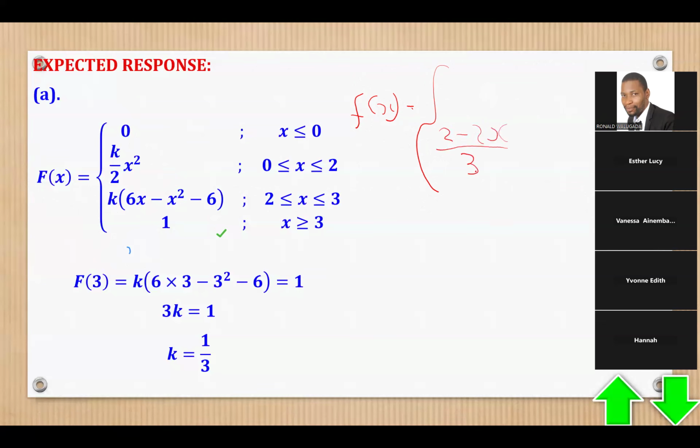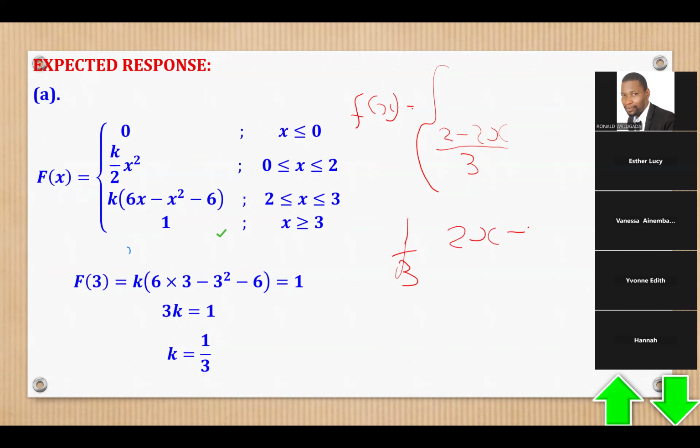I don't know if it's right, but I multiplied the third by every component in the bracket, then differentiated them individually. You said a third times this gives you 2x, then minus 2x over 3x squared.